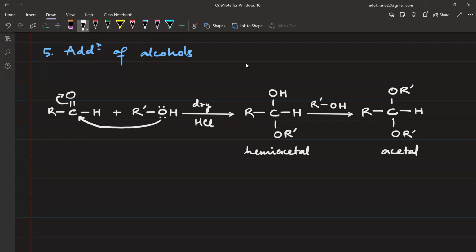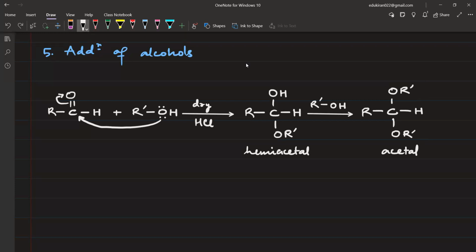Why am I saying gem? Gem means on one carbon, geminal. Geminal is like twin. So here also we have OR dash, and here also OR dash. Both of these are alkoxy. So this will be gem dialkoxy.